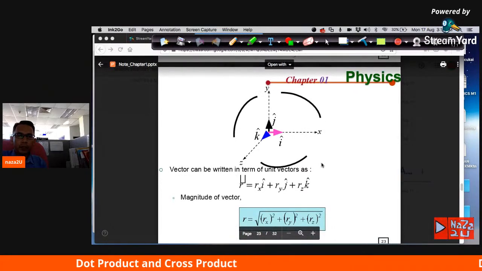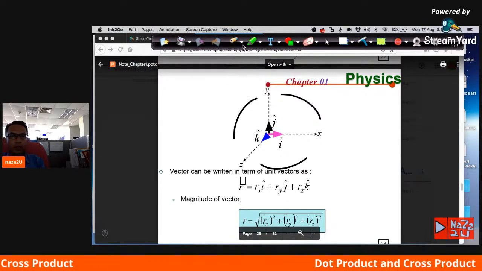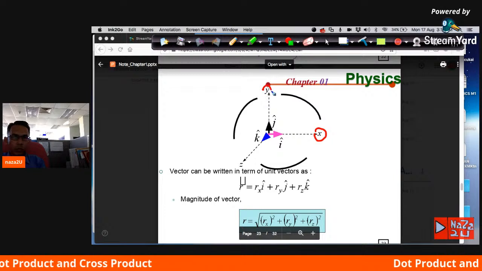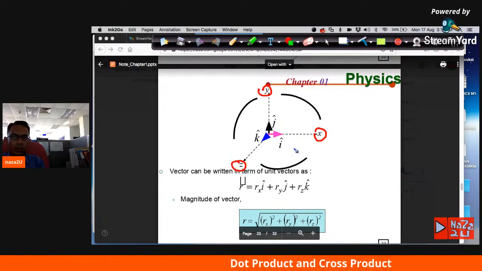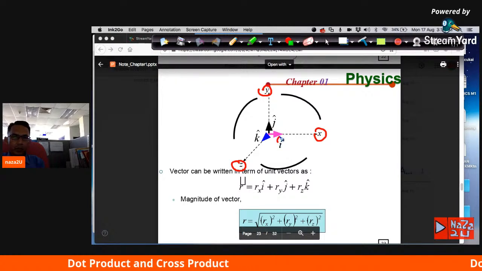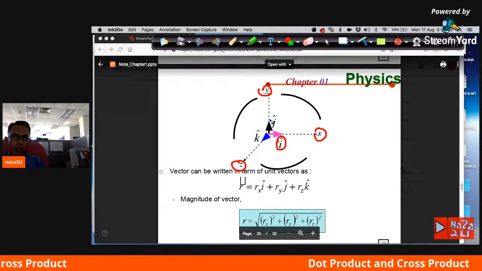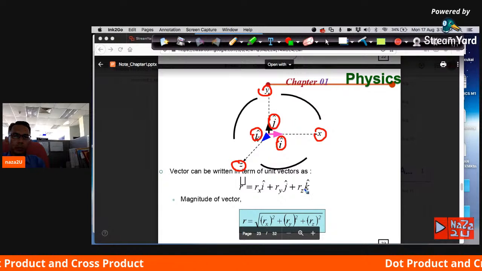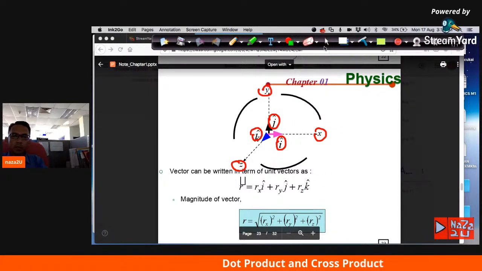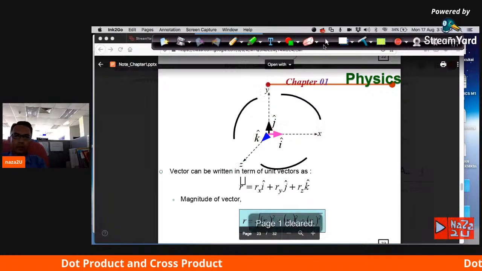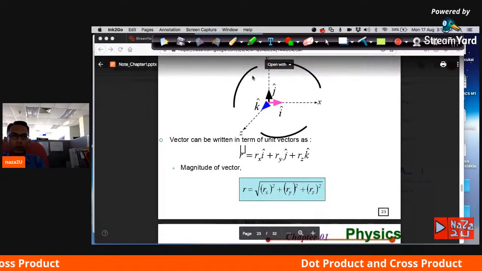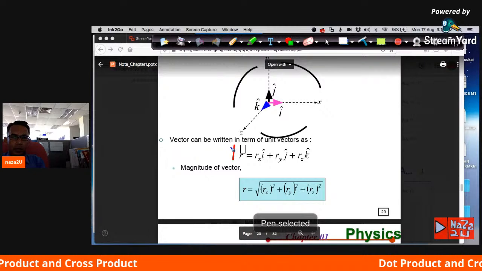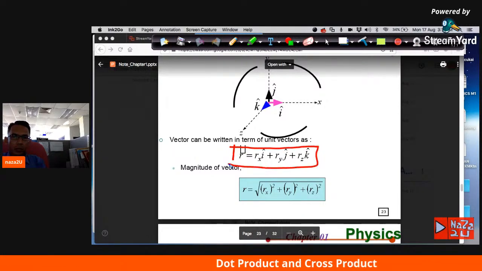Okay, so this is the diagram. You can see here the x-axis, y-axis, and z-axis. The x-axis is referred to by vector i, the y-axis by vector j, and this is vector k. If you look at the equation here, let's say we have vector r.